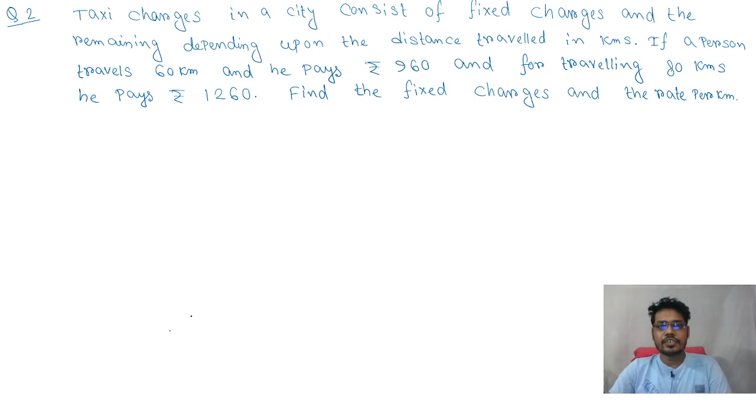So here the taxi charges in a city consist of fixed charges and the remaining depends upon the distance traveled in kilometers. If a person travels 60 kilometers and he pays 960 and traveling 80 kilometers he pays 1260 rupees, find the fixed charges and the rate per kilometer. So here we don't know the fixed charges and the rate per kilometer, we need to assume this.